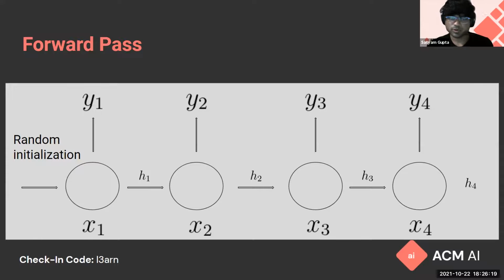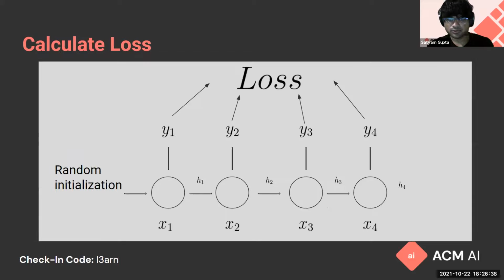You output y1, time step two, y2, time step three, you output y3, time step four, you output y4. This is the unrolled RNN, but if it was not, then H1 is basically going back to the neuron itself. So this is a more unrolled kind of view.